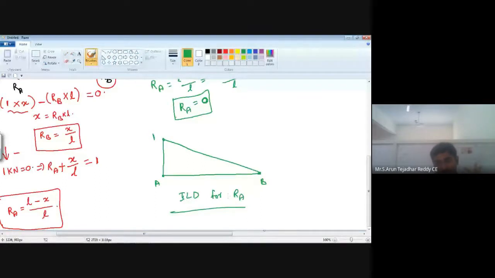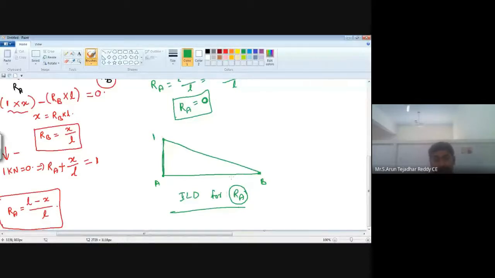So the main concept is RA. We'll get our maximum point at the A side only. Maximum quantity or maximum intensity we will get for RA only.